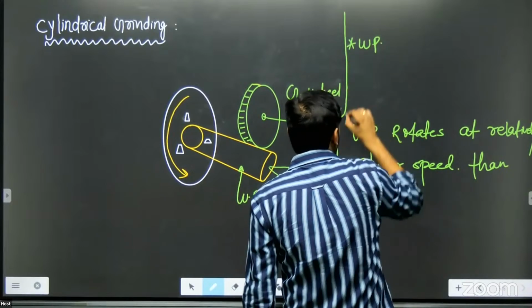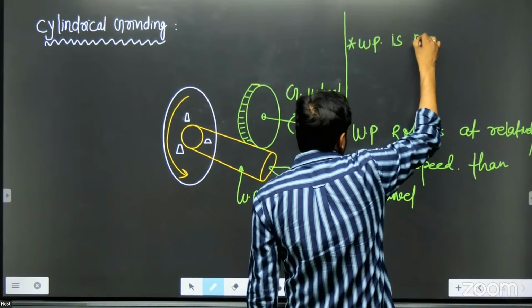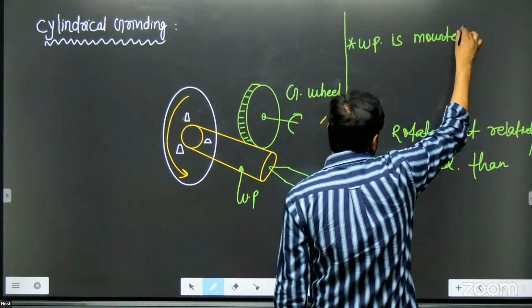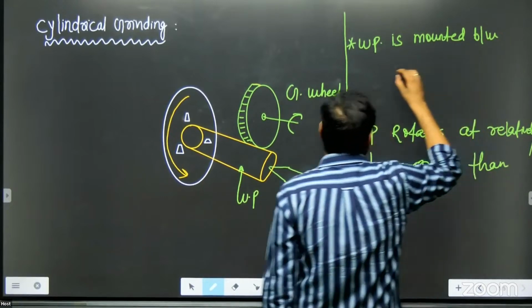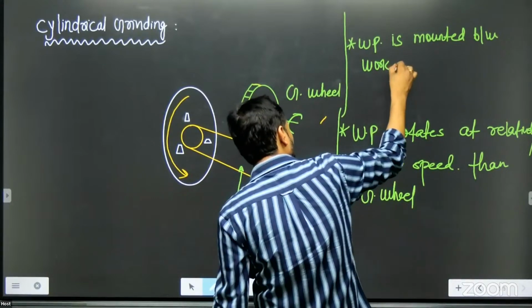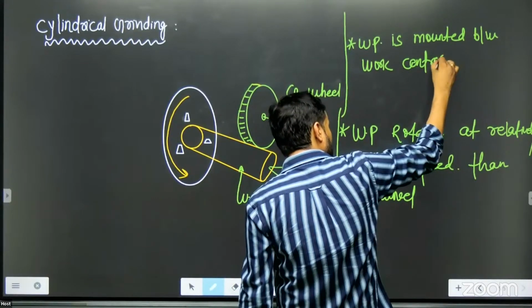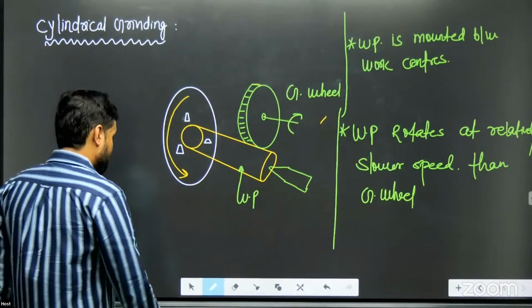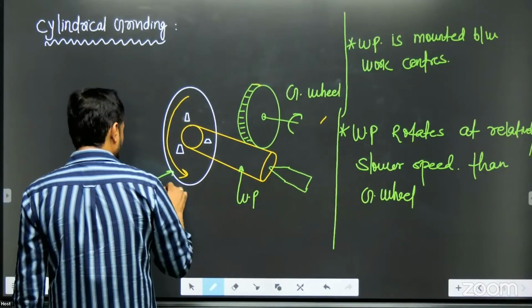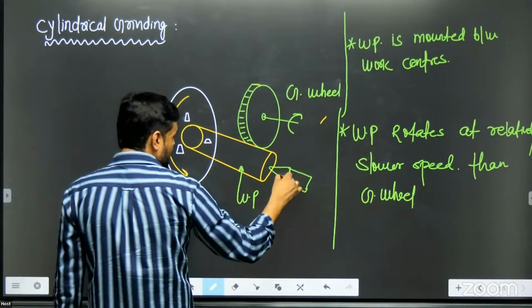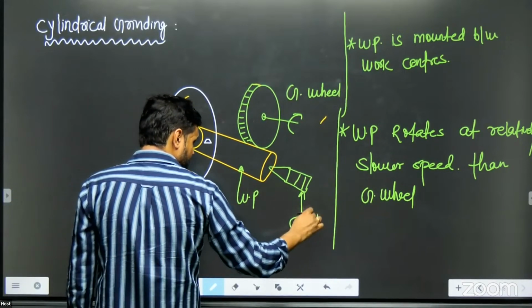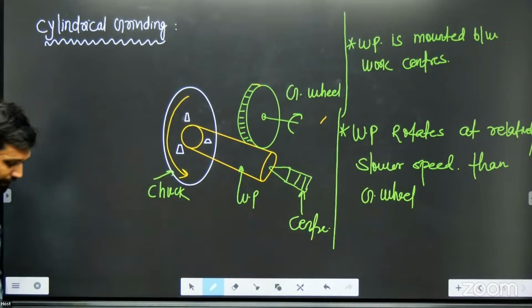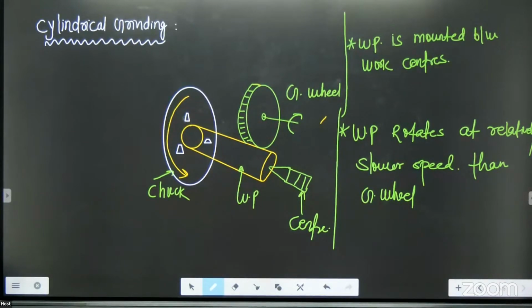And the workpiece is mounted between work centers. There will be a chuck like this, then this center. This is how it is done, and this cylindrical grinding is mostly suitable for external surfaces.